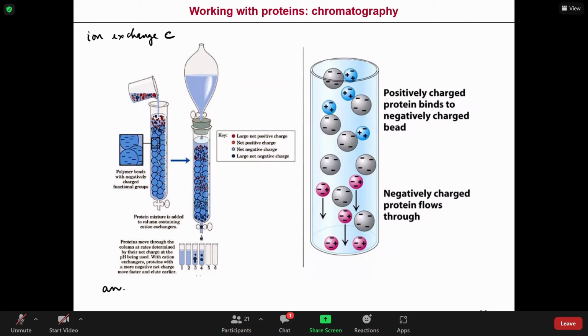You have the anion exchange, in which the gel or the beads are positively charged.